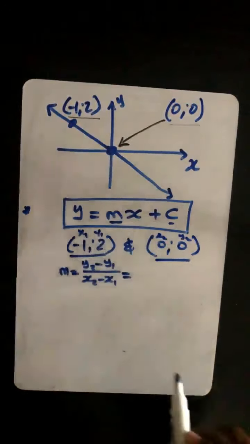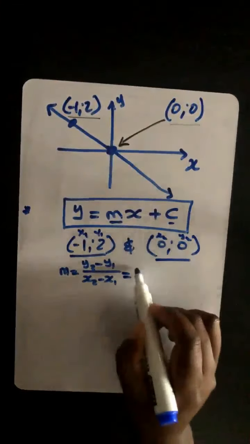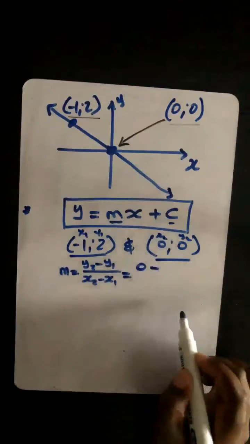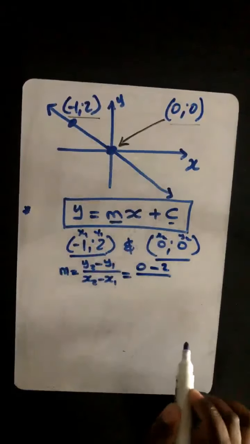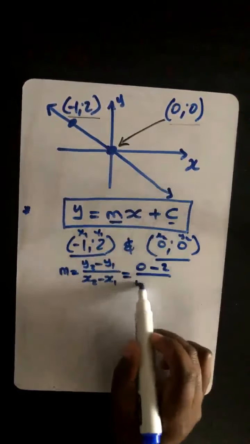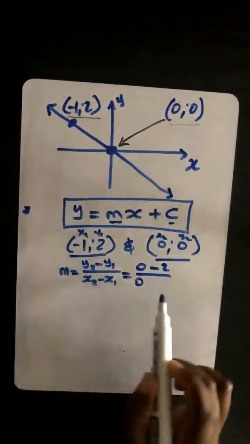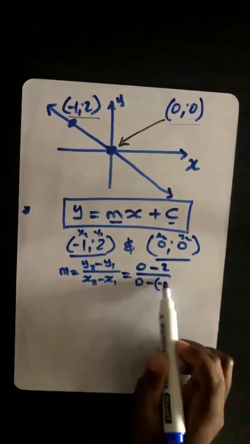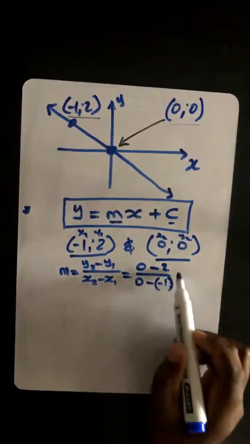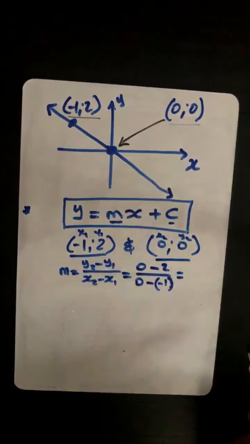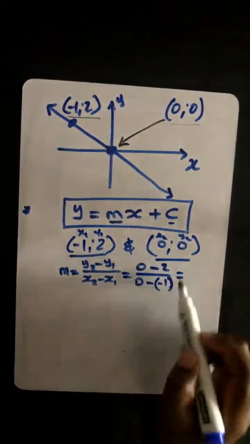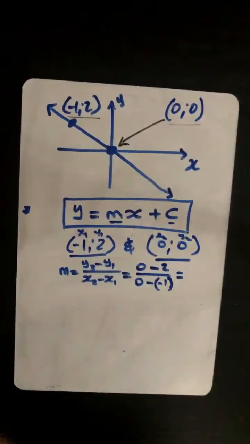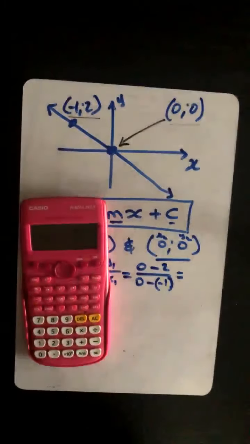So obviously it's going to be 0 minus y1 is 2 divided by x2, it's 0. What is x1? It's minus 1. Remember, always when you substitute, if it's a negative value that you're substituting, make sure that you put it in brackets. So anyone to punch all of that on a calculator and let us know what answer you are getting. So I just need 2 of you guys to confirm. So we have 0.